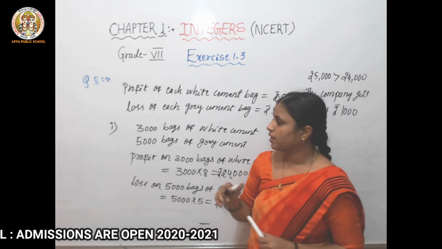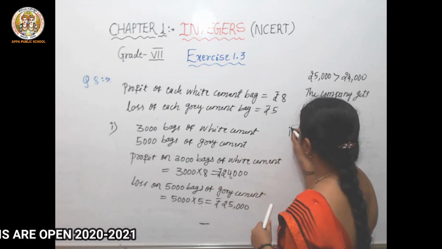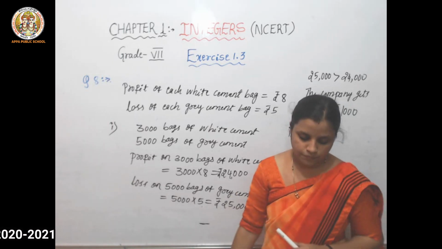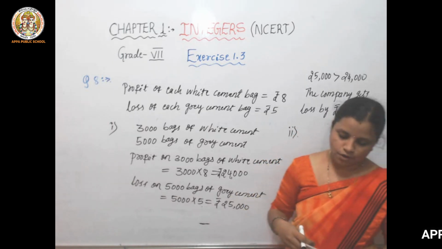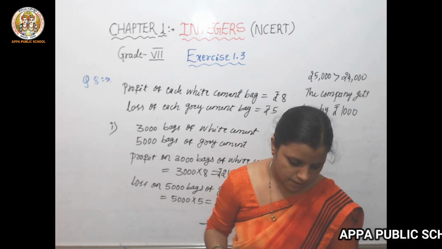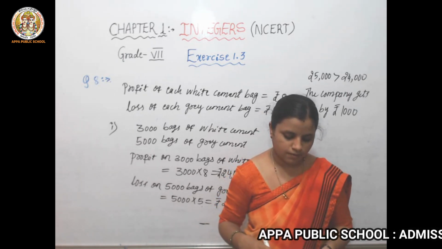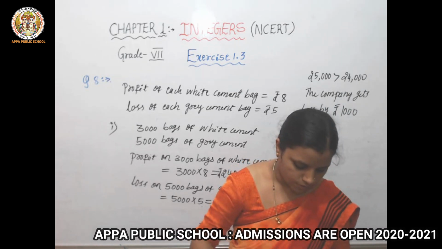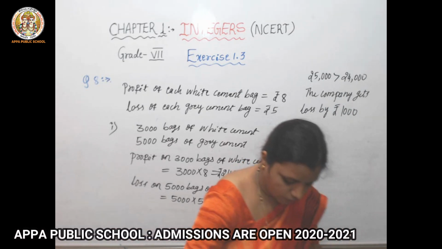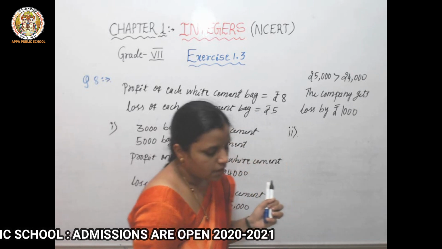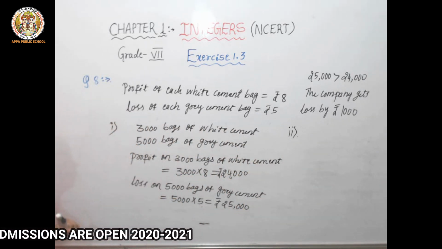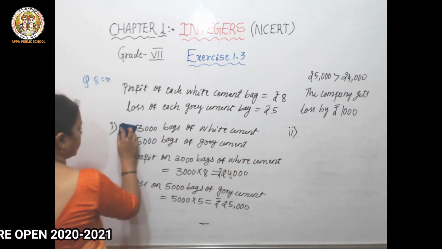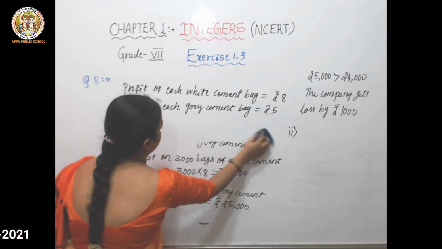And next, as I said, we have the second question. It asks: what is the number of white cement bags it must sell to have neither a profit nor a loss, if the number of grey bags sold is 6,400?